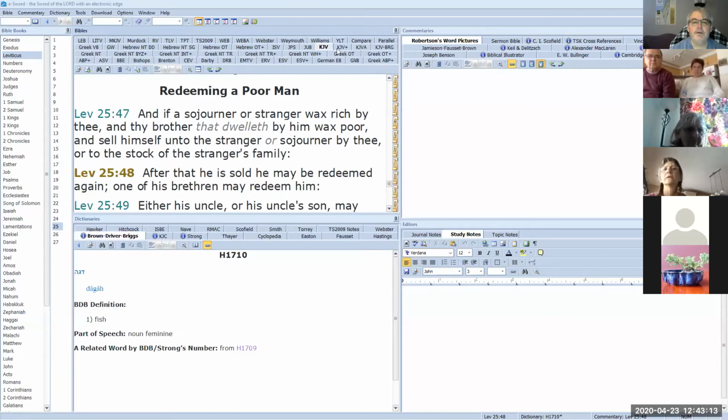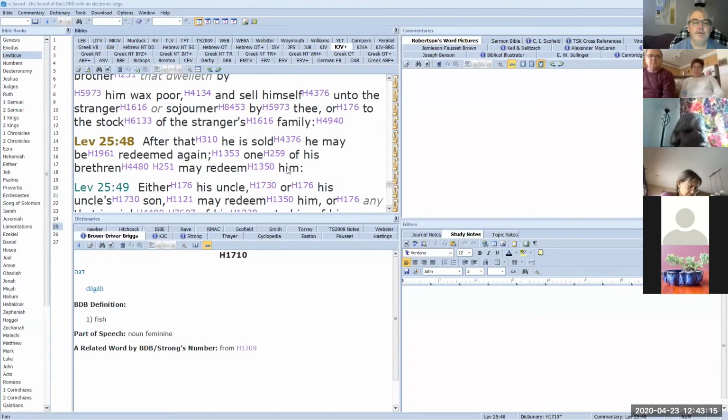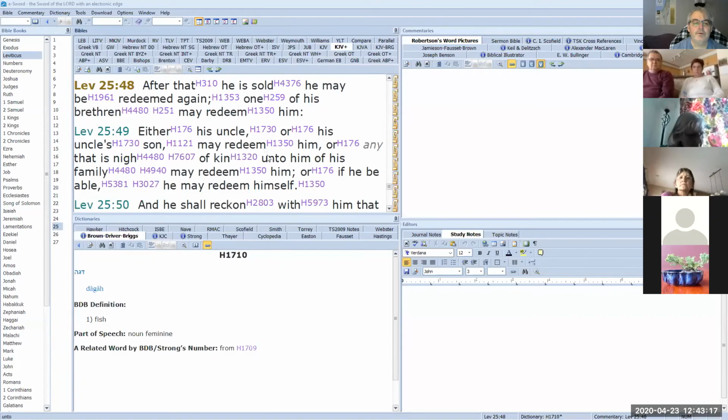Except in this one, the word redeem is not pada, it's a different word. There's two Hebrew words for redeem. So we're speaking of a totally different Hebrew word for redeemed. But here's the amazing part.